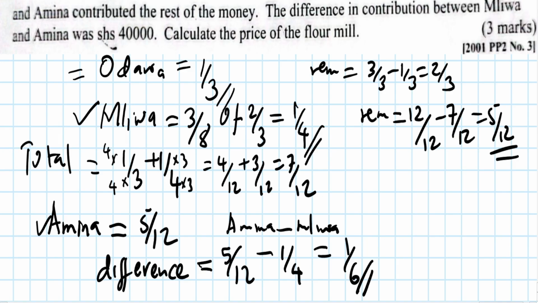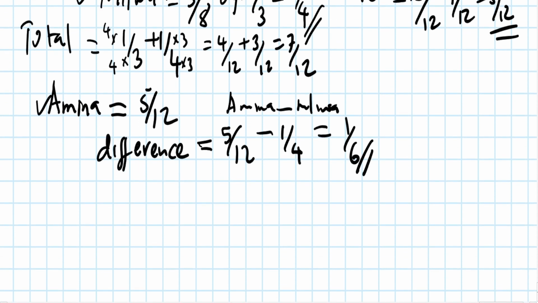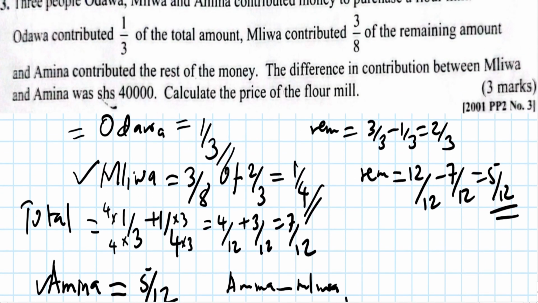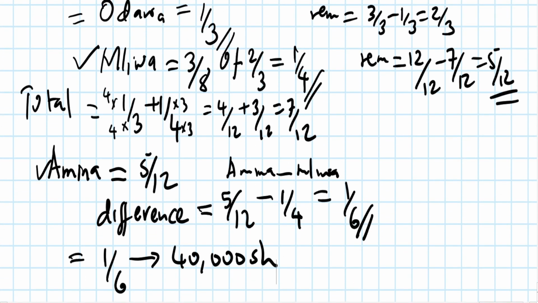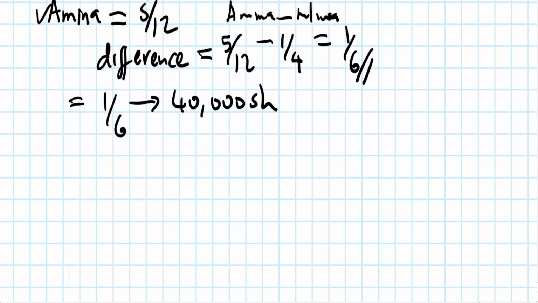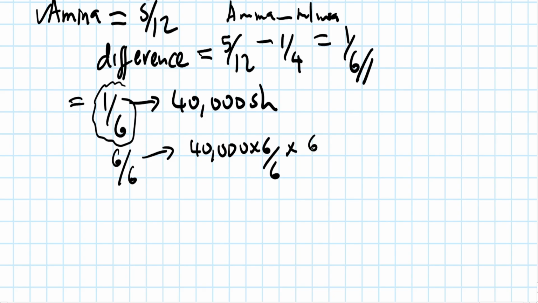So that 1/6 is now equivalent to 40,000, and they're asking you to find the price of the flour mill, that is the total, which is 6/6. So 40,000 times the reciprocal of 1/6, which will be 6/1. 40,000 times 6 will give you 240,000 shillings.